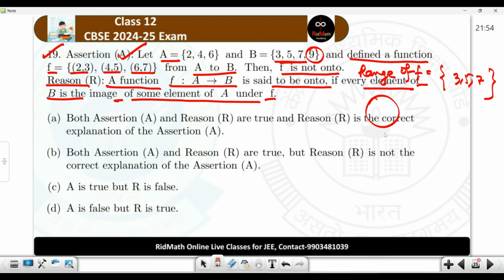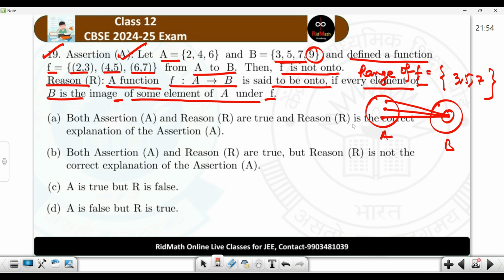So every element of B has some element as image in A. It can happen that two, three or more elements have the same image, but that is not a concern for us.